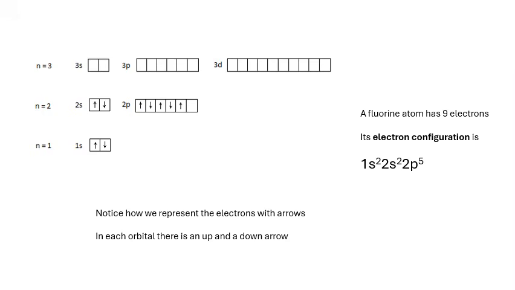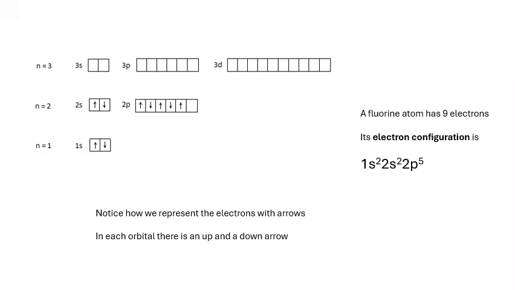If you look at that and look at the diagram, n equals 1, 1s2, that's full, 2 electrons in there. 2s2, that's full, 2 electrons in there. And then 2p5: n equals 2, in the 2p subshell, 1, 2, 3, 4, 5. So 1s2, 2s2, 2p5.